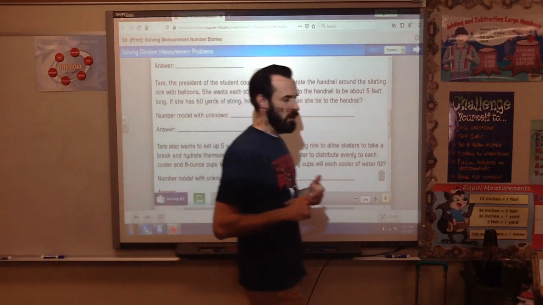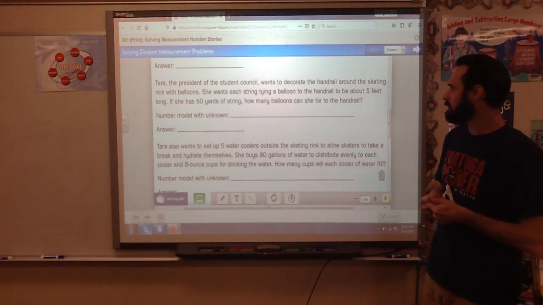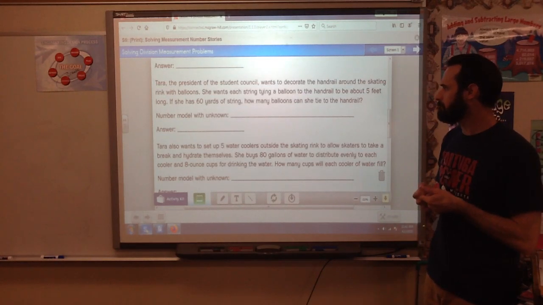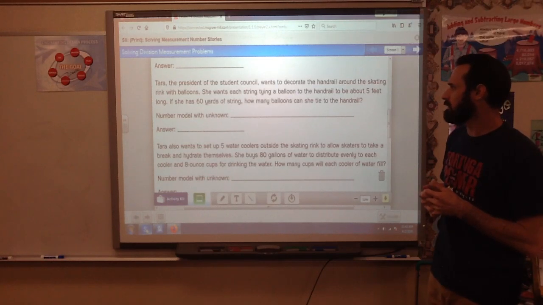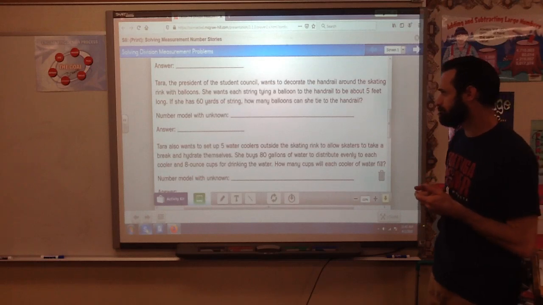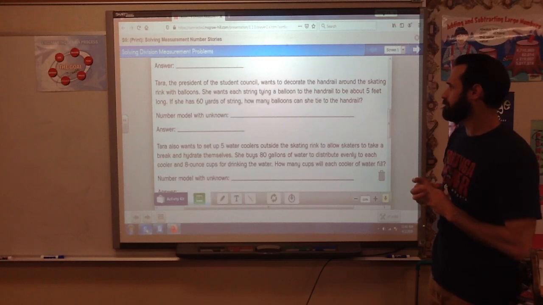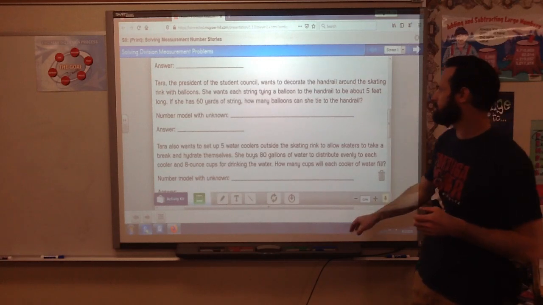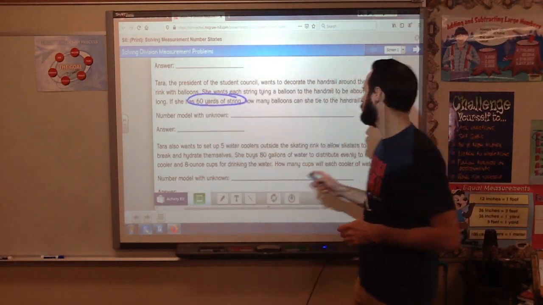And this one is probably the easiest one that we've done so far. So, taking a look at this and we break it down, she has 60 yards of string.